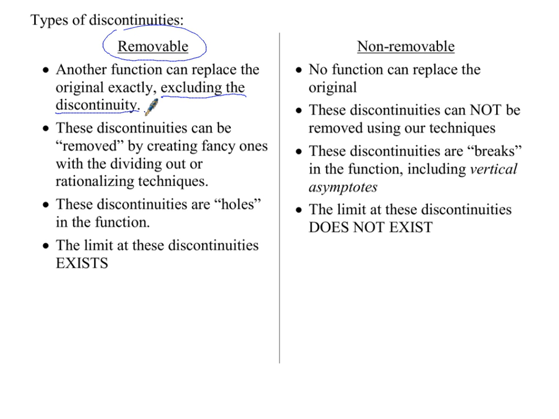That's what we call a removable discontinuity. Those discontinuities can be removed by creating fancy ones and using the dividing out or rationalizing techniques. So that was what we were doing in the last section. Holes are removable discontinuities. The limit at these discontinuities exists.